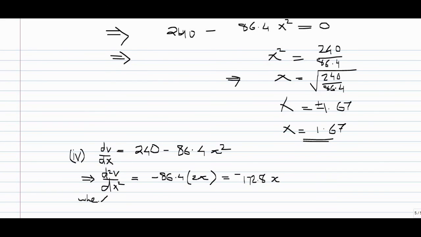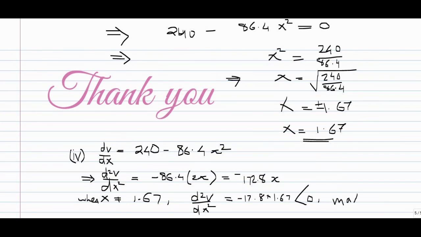When you replace the value of x is equal to 1.67 here, d square V by dx square becomes a negative value, into 1.67, that will be less than 0. So I am leaving you the negative part of x that you find out.